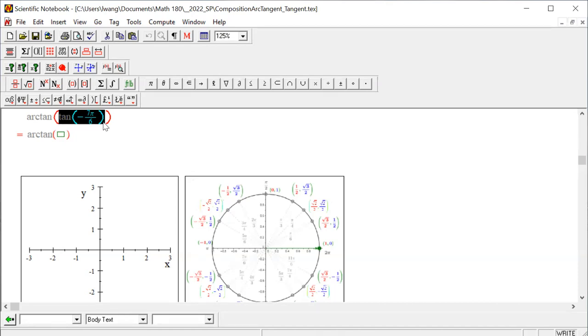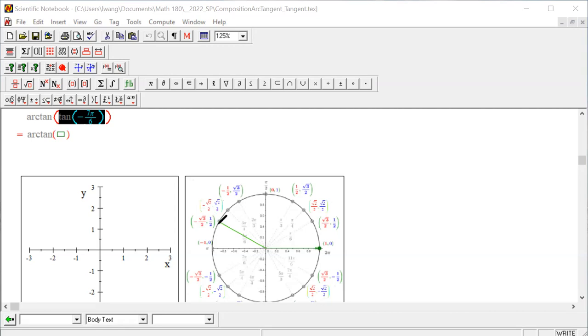How do we handle tangent of -7 pi over 6? I'm going to measure from the standard position, -7 pi over 6. Here's the terminal, so this angle is -7 pi over 6.